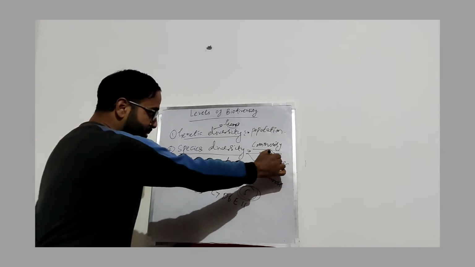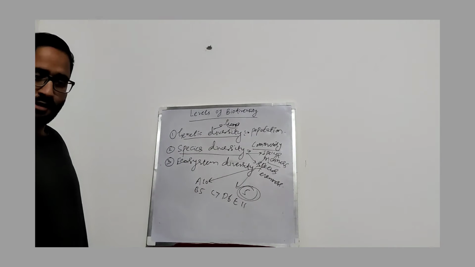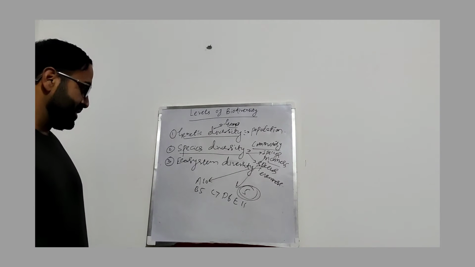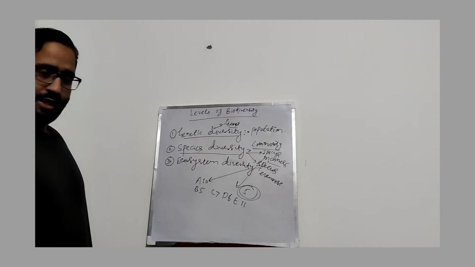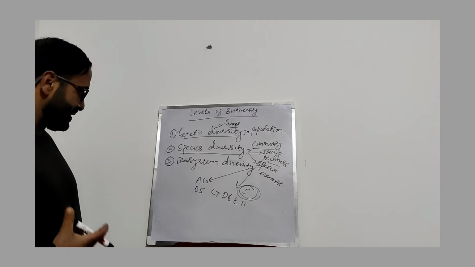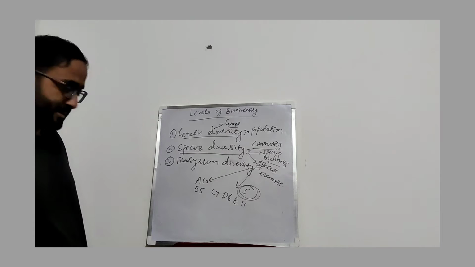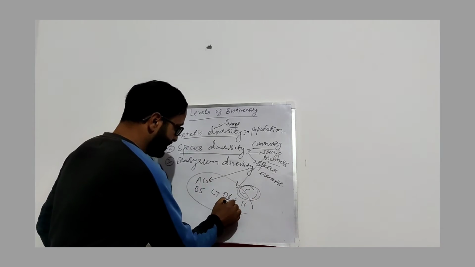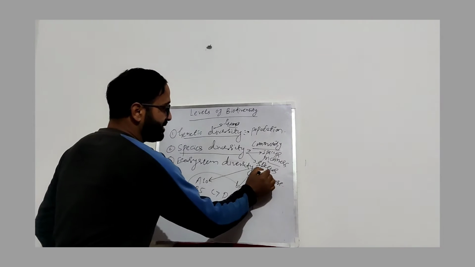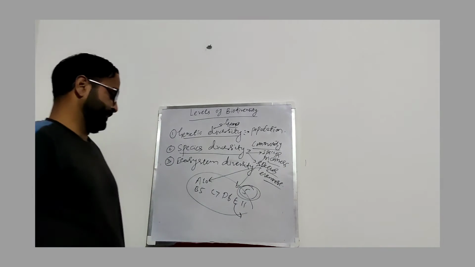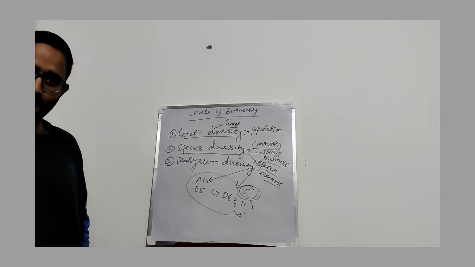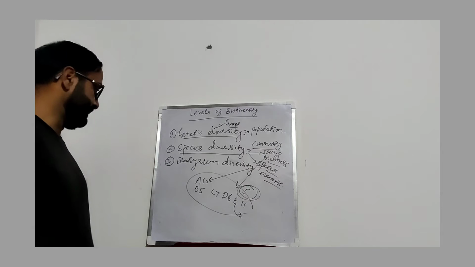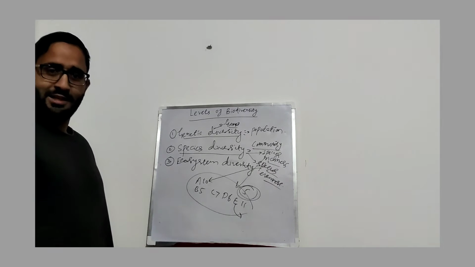So species evenness tells us about the relative abundance of individuals of species present in some area. So species evenness has to do with the number of individuals present within a species.